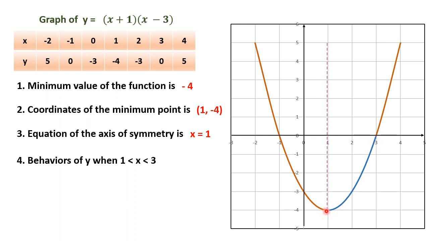When you go through the nature of the graph, the behavior of the graph is increasing negatively. The blue part shows increasing negatively from minus 4 to the y value 0. Therefore, the behavior of y when x is between 1 and 3: the function graph is increasing negatively from minus 4 to 0.